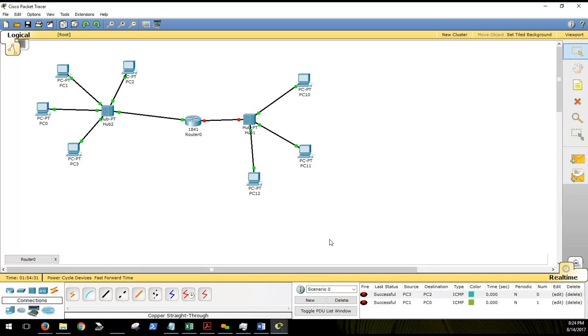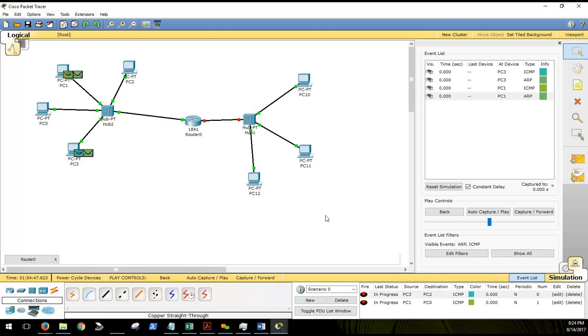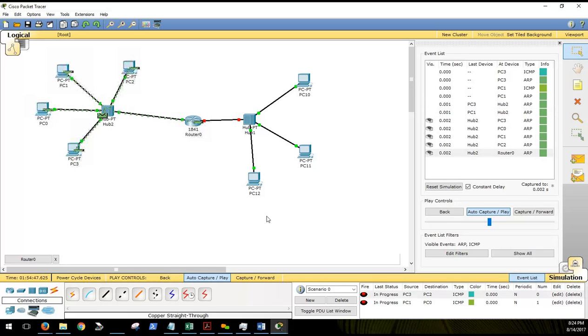All right. Now let's do that same simulation and watch all the collisions that occur. Okay, here we go. There we go. We're on our way. Boom. Now it's going to try again.